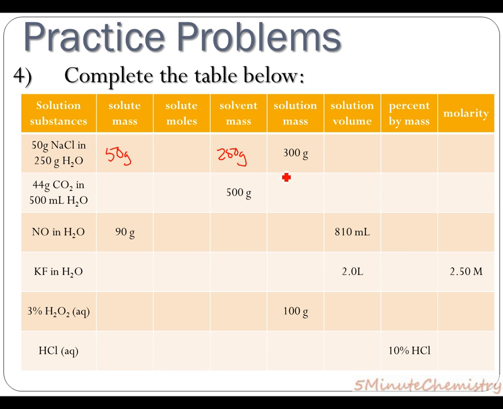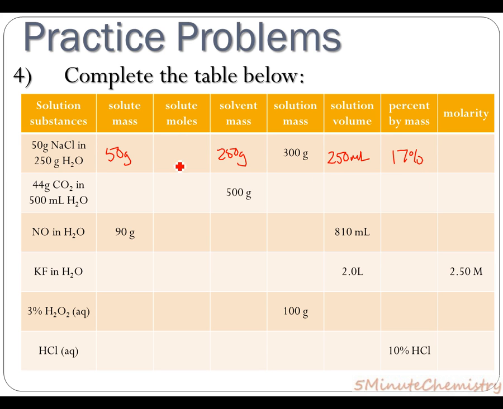Solution volume we said is based upon the solvent mass for water solutions, so this will be 250 mils. Percent by mass would be 50 grams divided by 300 grams, and then multiply that by 100. So in this case, that gives us approximately a 17% solution.